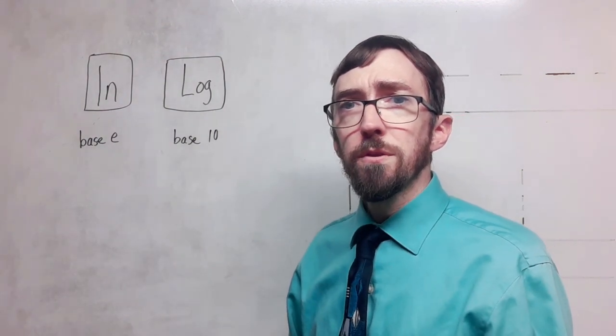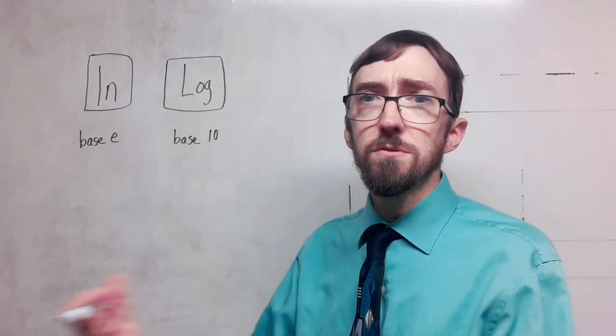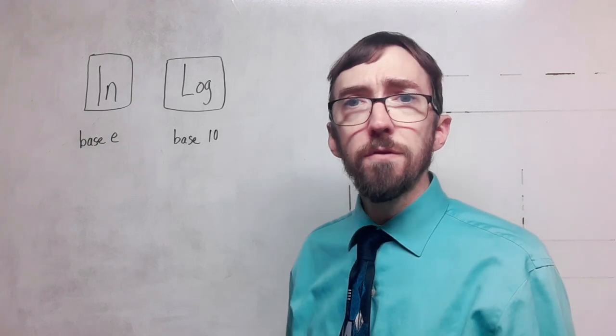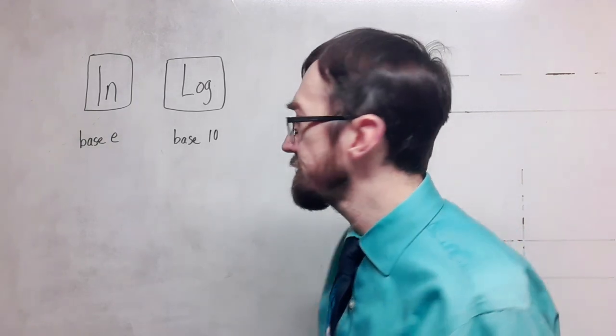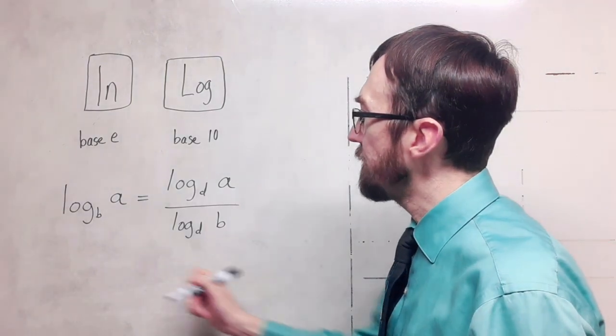If you are working with logarithms in other bases, you can convert from one base to another, and we have a formula for that. This is known as the change of base formula.